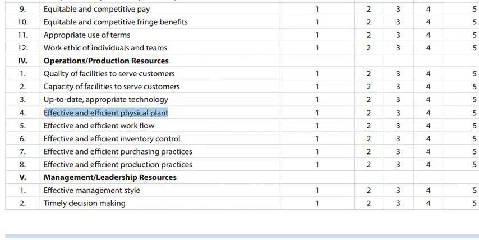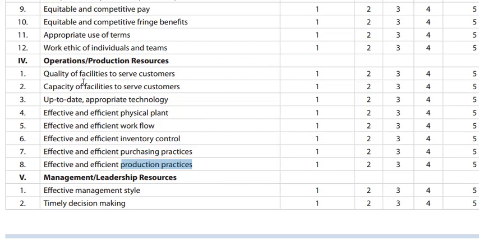We also consider inventory control, purchasing practices, and production practices according to the efficiencies managed inside the plant.